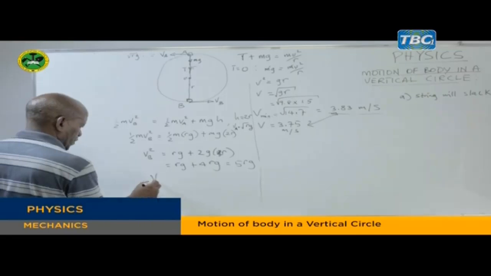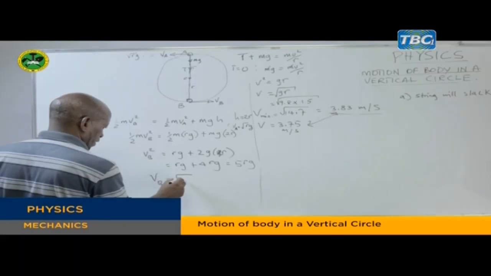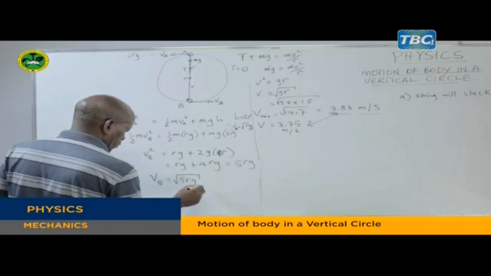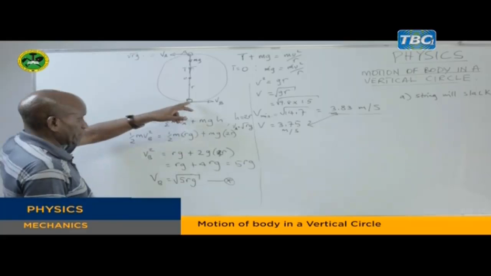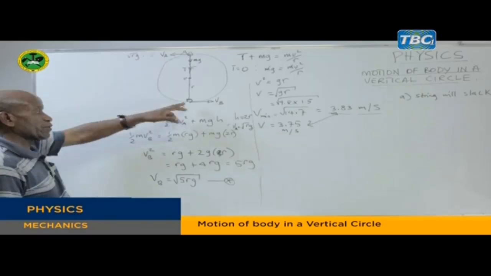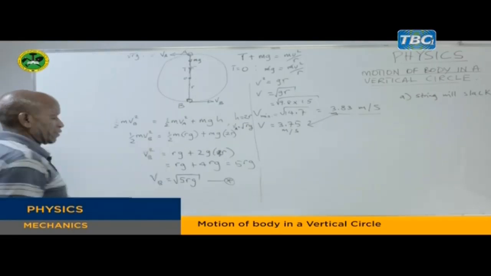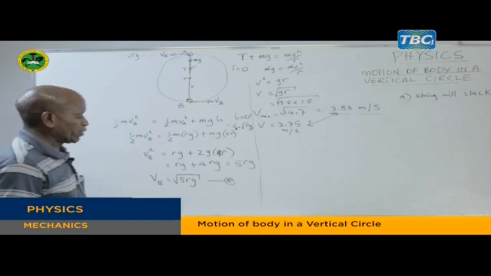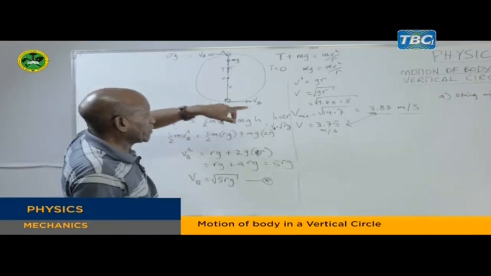So the minimum velocity at point B: vB is just equal to the square root of 5 times rg. This is the minimum speed possessed by a bucket whenever it is passing at the lowest point. We can now compute, because the radius of the vertical circle is given.